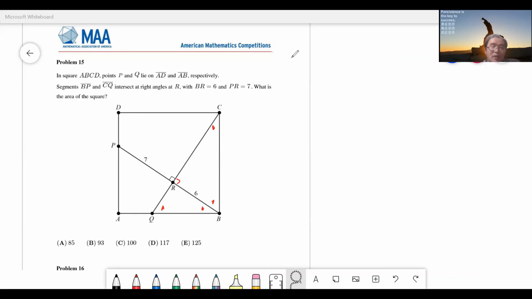The first step, you're going to see that triangle ABP is actually congruent to triangle BCQ.